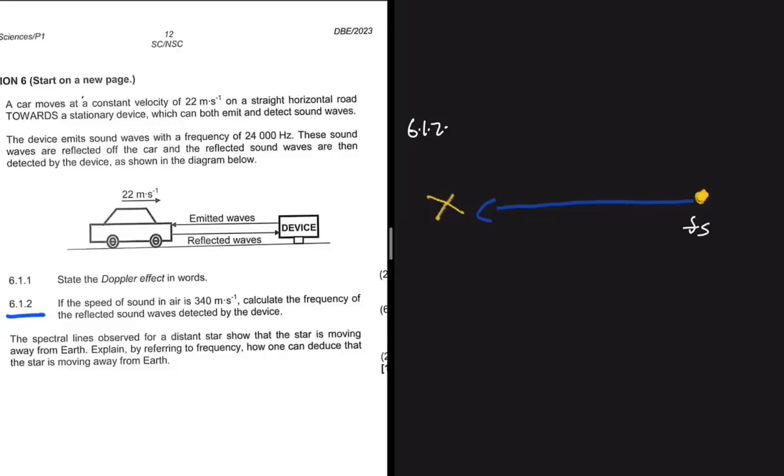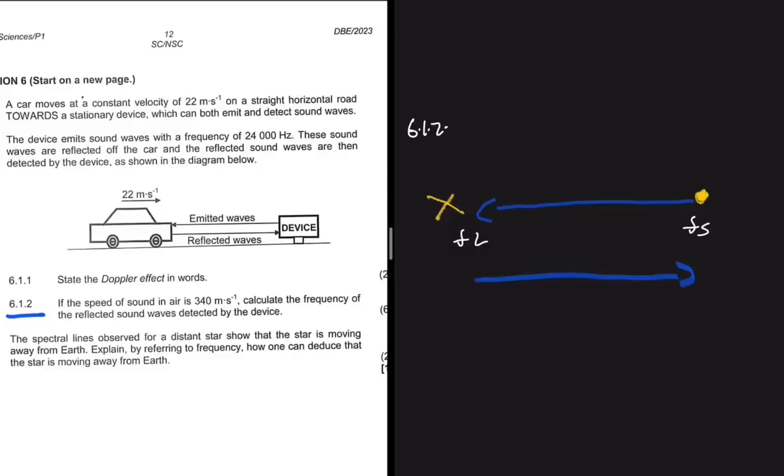We now have FL. The car is going to detect a totally different frequency, and from that frequency it detects, it is now going to reflect it and send it back to the device.